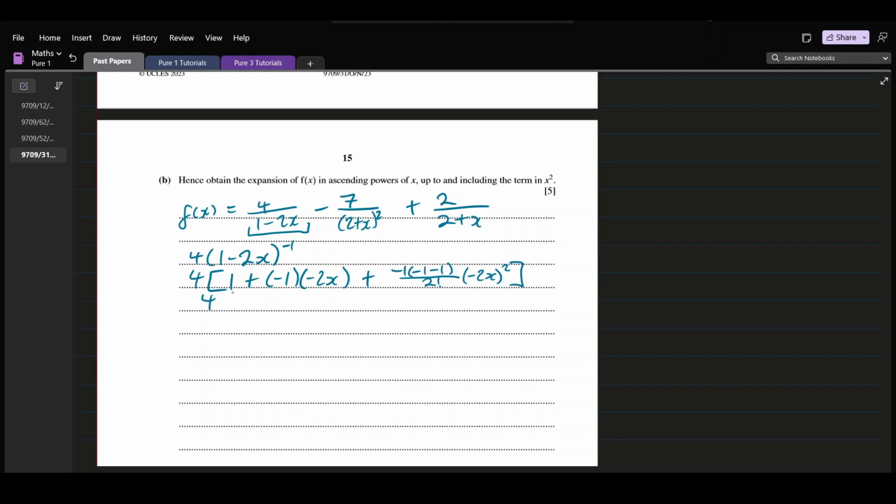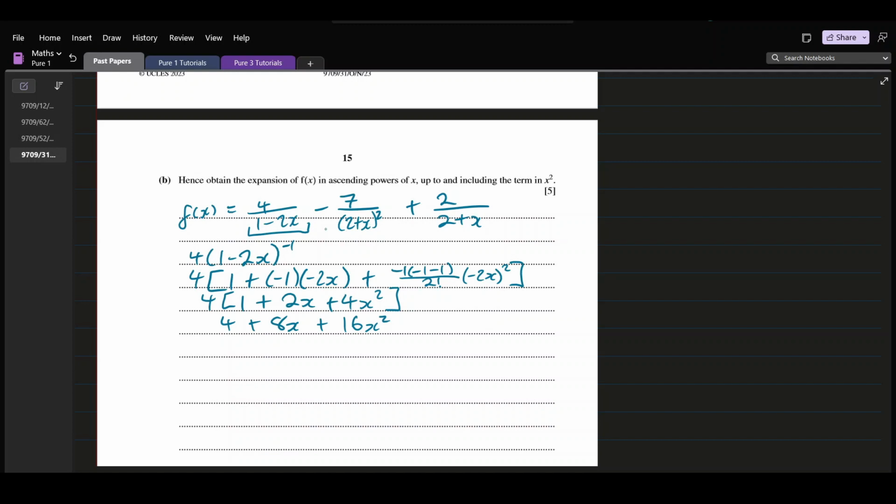So this is 4 times 1. Negative 1 times negative 2x gives us positive 2x plus, then let's use our calculator to evaluate the third term. Negative 1 times negative 2, over 2 factorial times negative 2 squared, and this gives us 4x squared. And if we expand, that's 4 plus 8x plus 16x squared.